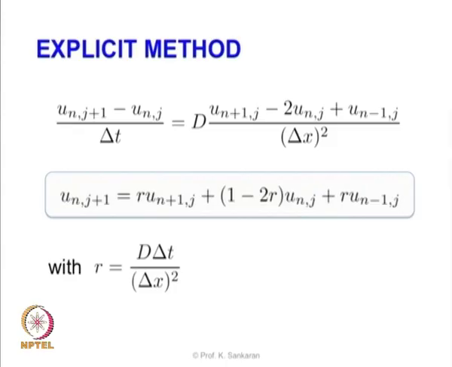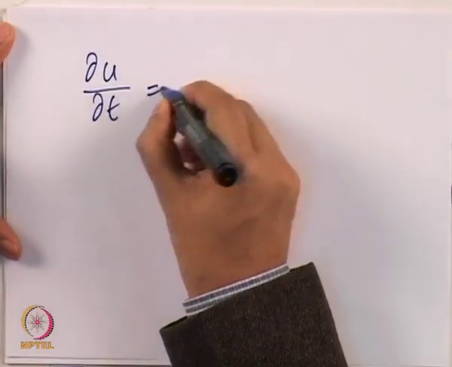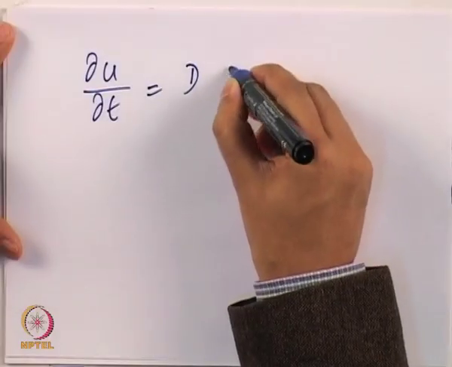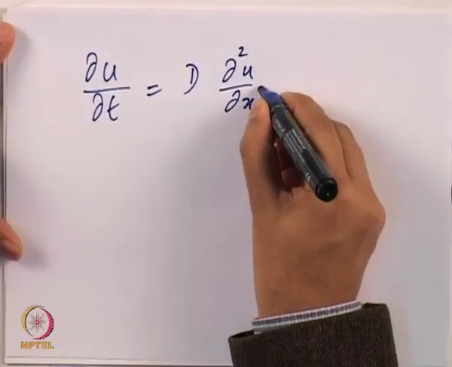So we will try to solve this problem by going to the implicit method. Before going into the implicit method, I would like to start with the basic formulation itself. So the basic formulation is we have time stepping, which is du by dt, that's equal to d square u by dx square.